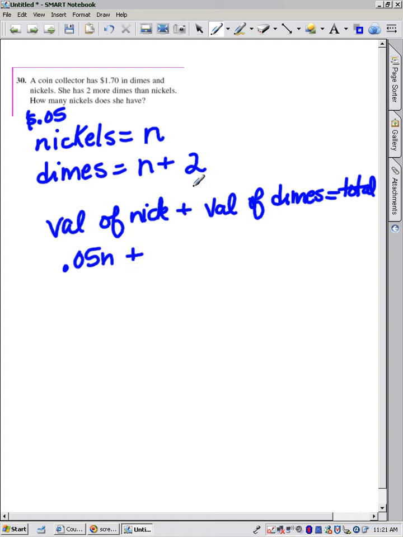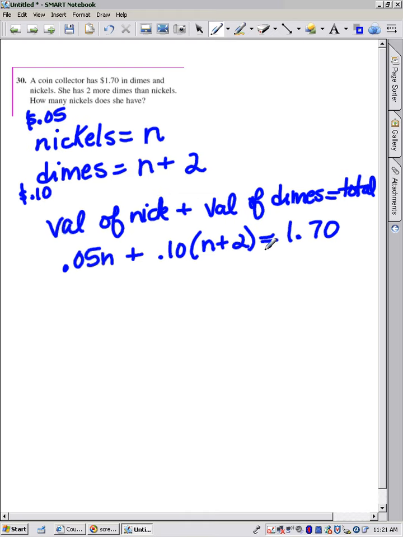The value of the dimes is the number that I have times the value of the dimes, which is 0.10. So 0.10 times the number, which is n plus 2, and that's equal to the dollar amount, which is 1.70. I could convert everything to cents if I wanted to. I would have 5n plus 10 times n plus 2 is equal to 170, not 1.7. But we'll leave it in the dollar amount.